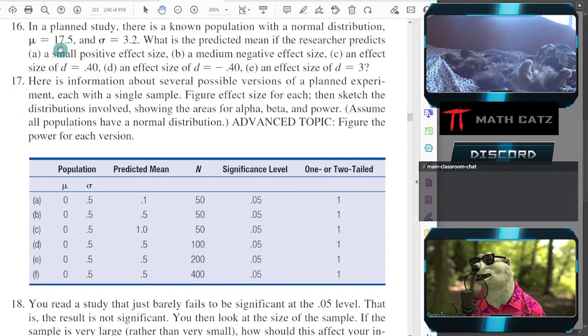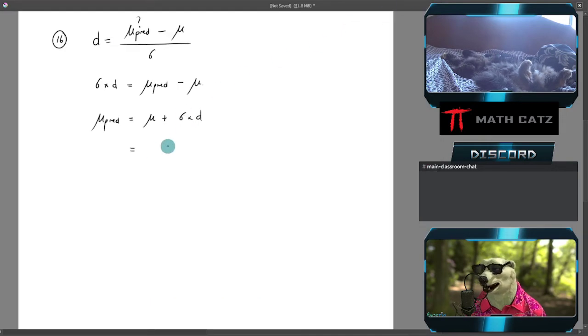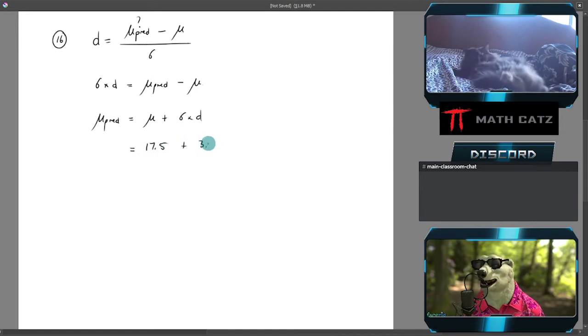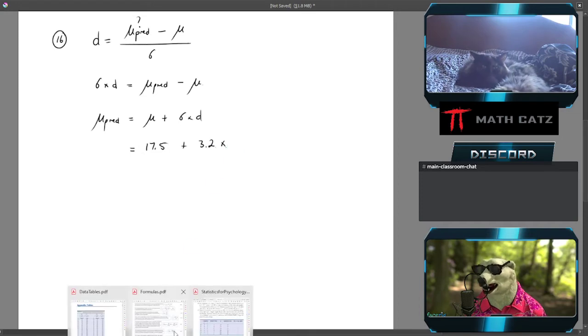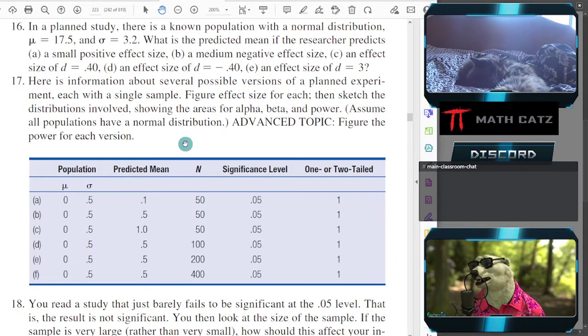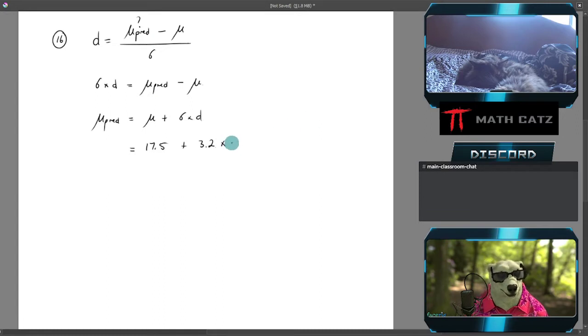We have 17.5 and 3.2, so 17.5 here, 3.2 for sigma, and the effect size that they are hoping for or interested in. Firstly, a small positive effect size. So when I look at the classification, that'll be 0.2. And I get an answer here.